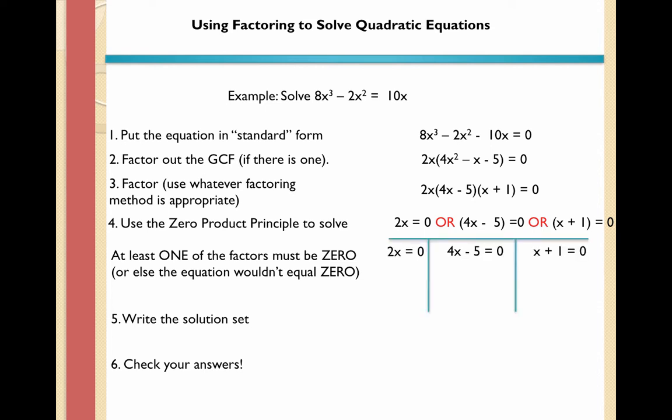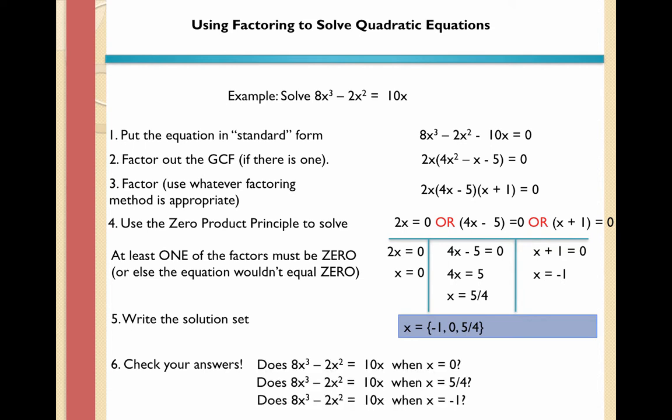So we've got to solve all three of those equations. In the first case, x could be 0. In the second equation, x is 5/4. In the last one, x is -1. So we actually have three solutions. And that's okay because it's a cubic, and cubics can have three solutions. And now you really should check those answers.